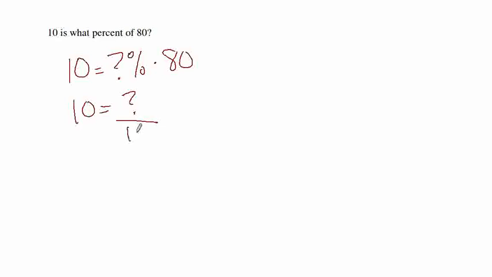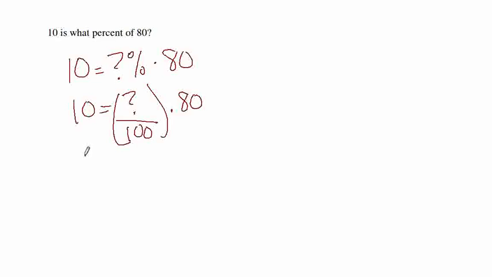All right, I'll do it as well. So 10 equals mystery percent multiplied by 80. And mystery percent, that's the same as taking the mystery number and dividing by 100 and multiplying that by 80.